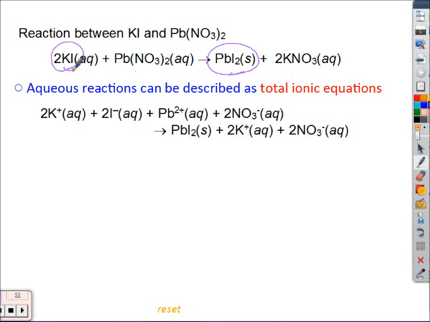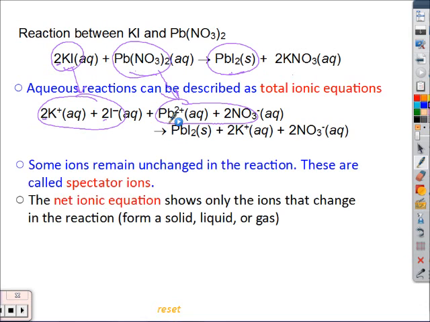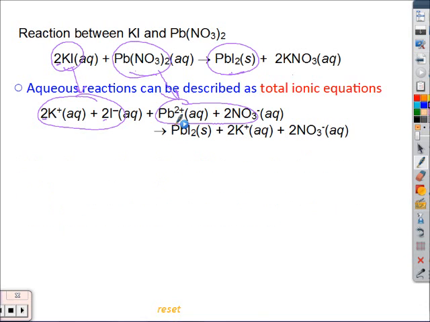KI turns into this. The 2 of them goes with each one. There's 2K+ and 2I-. The lead nitrate turns into right here. When it reacts, it forms the lead 2+ and the 2NO3-.